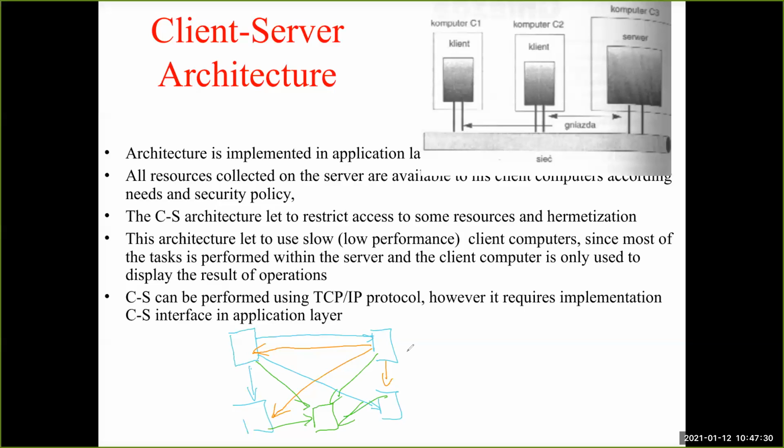So it's a little bit hard to maintain connections, to update messages, or to update the messages history, and so on. So this type of connection is called point-to-point or peer-to-peer connection.